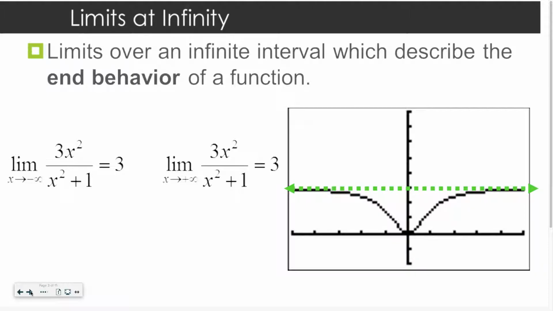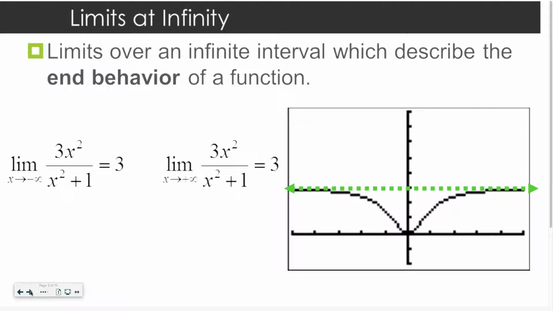If I'm asking you for the limit as x approaches negative infinity, what happens as you go to the left? What's that end behavior? If I'm asking for the limit as x approaches infinity, what's the end behavior as you go towards the right? We have a variety of different functions that we know.